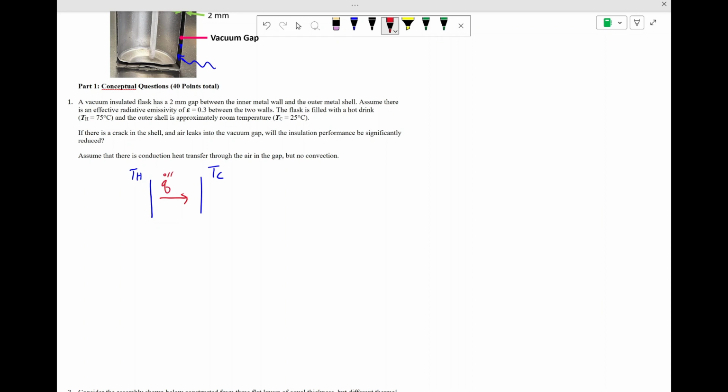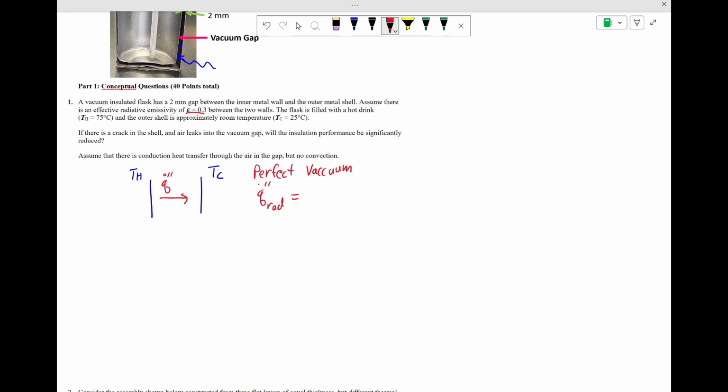And let's say in the first case, we're going to consider this is a perfectly sealed vacuum, so there's only radiation between the two. And the way that we're approximating this is with some equivalent emissivity. So if there is a good vacuum, then the heat transfer rate would go as q double prime radiation.